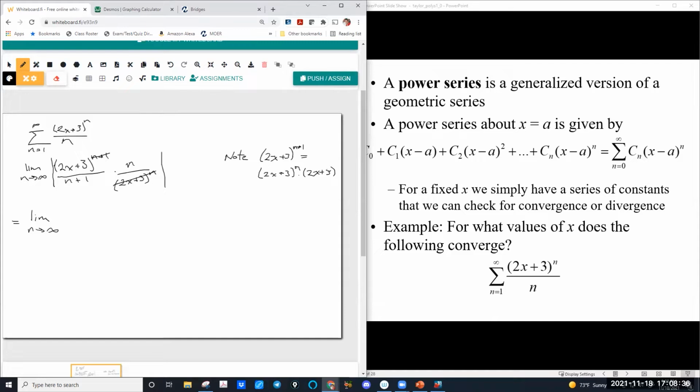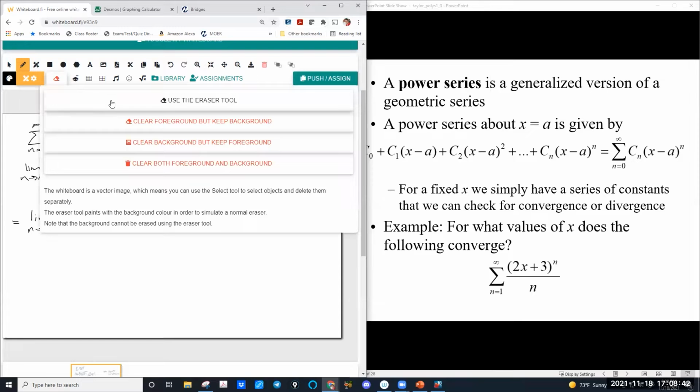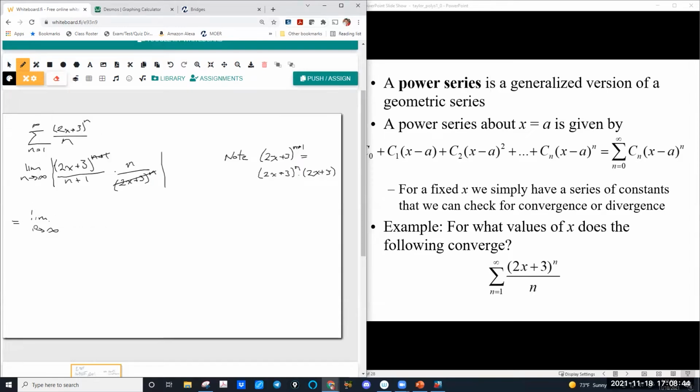That's fine. Now, here's what I like to do next, actually. Let's take this out of here for a second. The part that depends on n needs to stay inside the limit. But if you have stuff that doesn't depend on n, it does not.